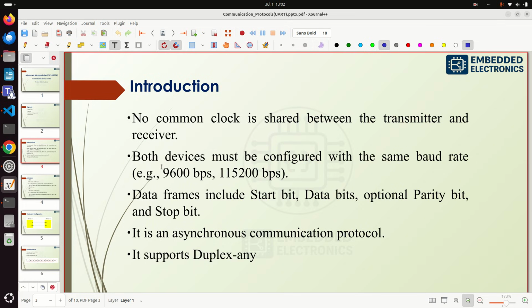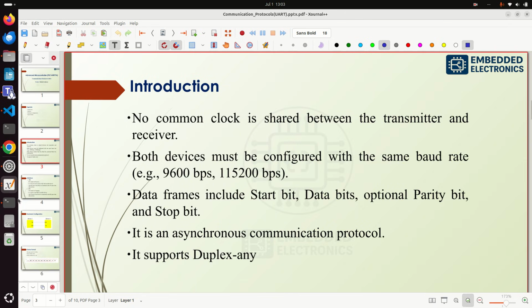We can use any duplex, for example full duplex, half duplex and simplex. How many lines are required for full duplex? Full duplex is two-way communication, right? So we need two lines. Via one line we can transmit and via another line we can receive.